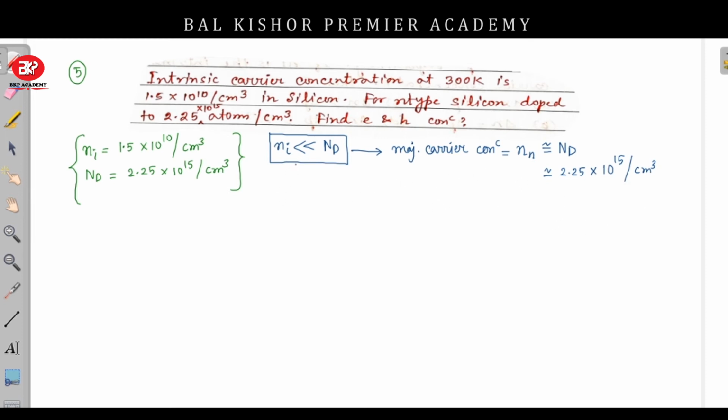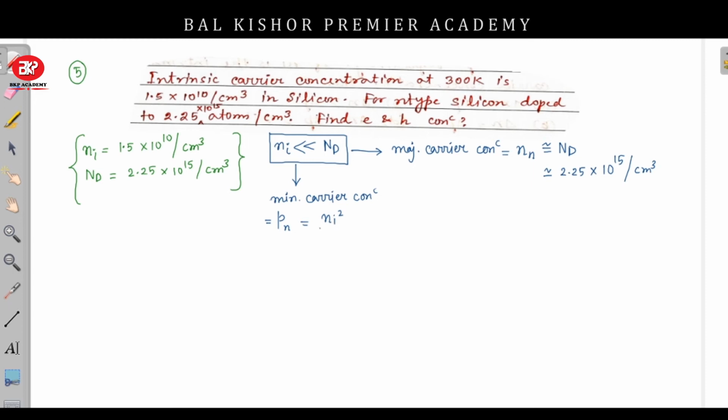Now what will be the minority carrier concentration? The minority carrier concentration is nothing but the hole concentration, and it can be written as P suffix n, and we have to use the mass action law.